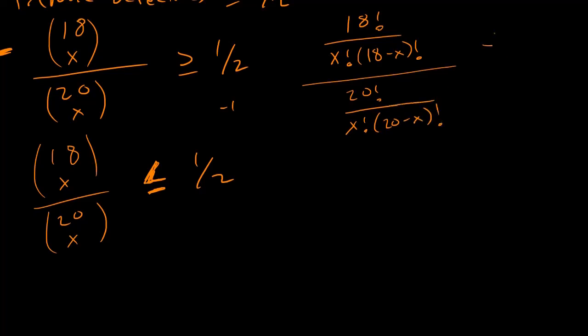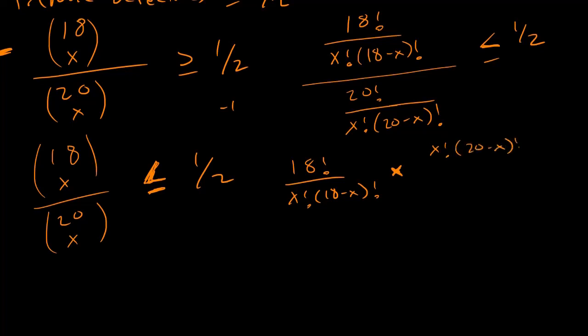This needs to be less than or equal to 1/2, right? And since I have a fraction on a fraction, let me simplify that by multiplying by its reciprocal: 18 minus X factorial times X factorial times 20 minus X factorial divided by 20 factorial, less than or equal to 1/2.